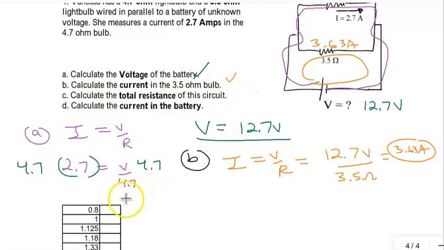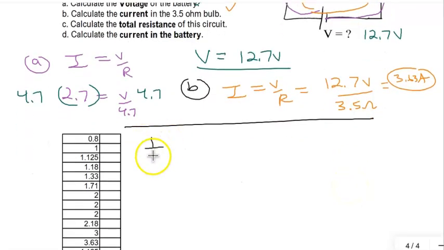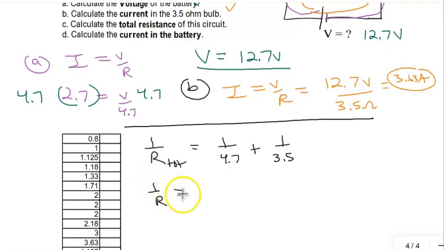Calculate the total resistance. This is the one that I hope you are starting to feel good about, but this is the one that you should practice because this is what's new. So 1 over R total equals 1 over 4.7 plus 1 divided by 3.5. So 1 over R equals about a half.